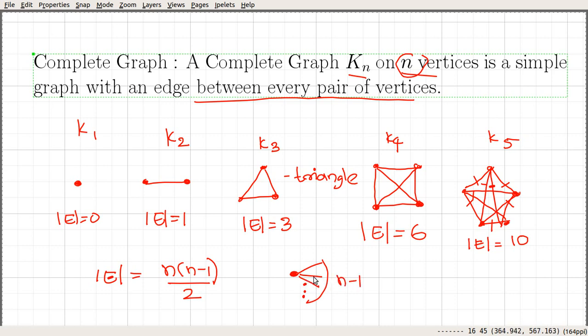This is true for each and every vertex in the graph, so the total will be n times n minus 1. Here we can see that each edge is counted twice, once when you consider one endpoint and another time when you consider the other. So there is an overcounting of 2, and because of that we have to divide by 2. So this is what a complete graph is.